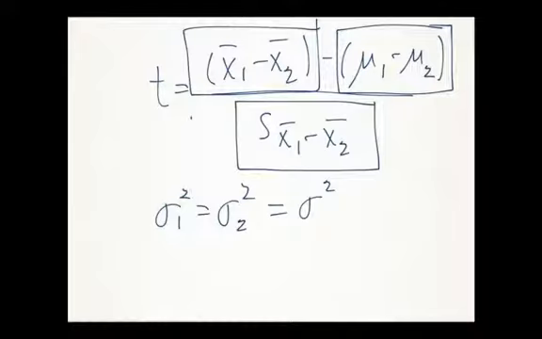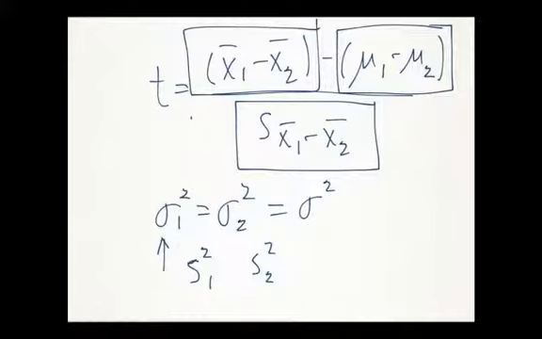Okay, so we never know the population variance, but this is an assumption that we sometimes want to make in a two-sample t-test. Okay, so again, we're not going to know the population variance, so instead we're going to estimate it with the sample variance, right? S squared. So S squared sub 1, S squared sub 2, and so on.